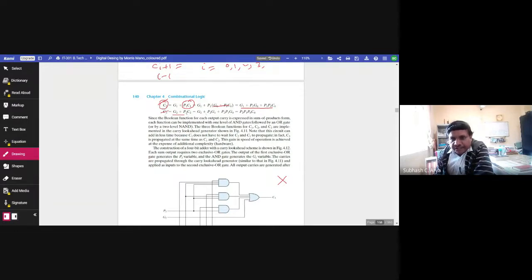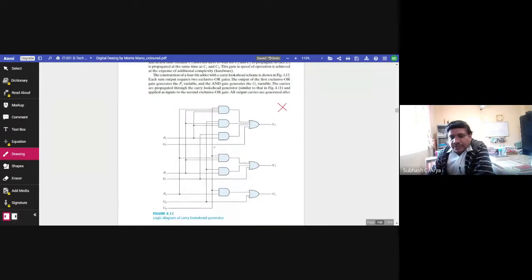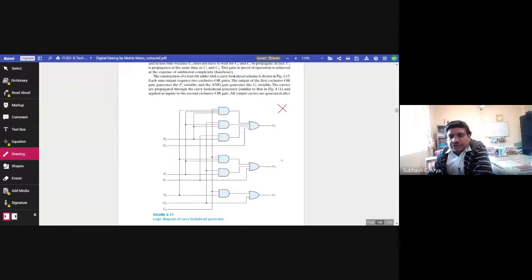Like C3 is expressed in terms of, look here, C0, the initial carry, then P0, P1, and P2. This is C3. And we can realize the circuit according to this expression.